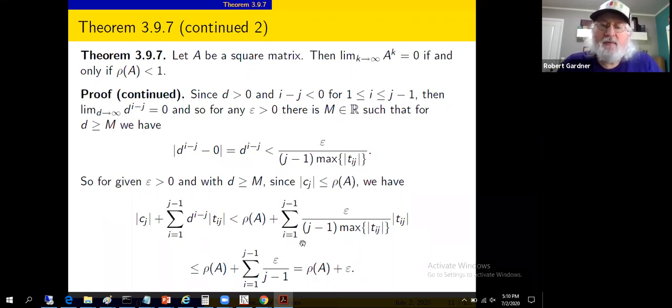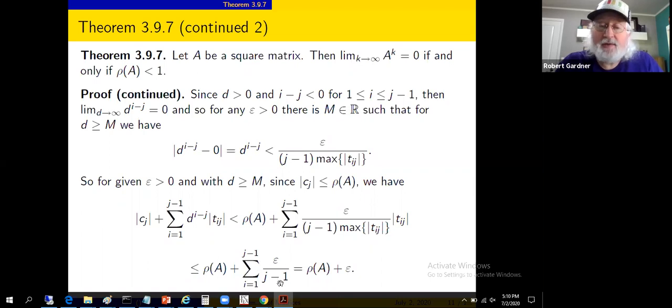So what do we have here? We're summing from 1 to j minus 1. There's a j minus 1 down here. If we can make this constant, then we can do some canceling. So what we're going to do is say, hey, the absolute value of t sub ij divided by the maximum of the absolute value of the t sub ij's is less than or equal to 1. The numerator is smaller than this part of the denominator. Replace it with 1. I pick up an inequality. Now we've got the sum from 1 to j minus 1 of epsilon over j minus 1.